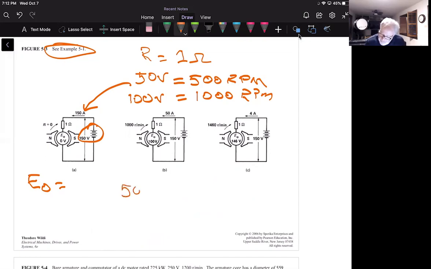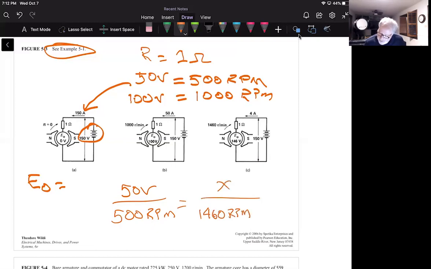But if we know 50 volts at 500 RPMs, what would the voltage output be at 1,460 RPMs? So multiply 1,460 by 50 divided by 500, and what comes out is a voltage of 146 volts equal to X. So that simple proportion gives us these numbers: 100 volts at 1,000 RPMs and 146 volts at 1,460 RPMs.